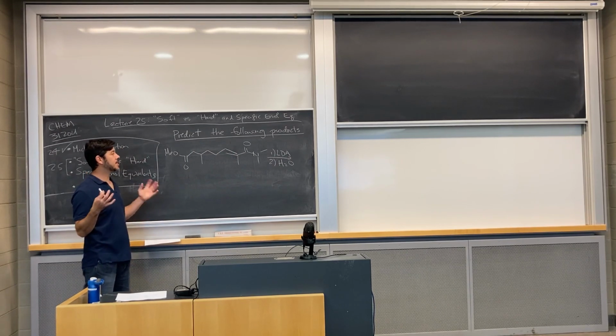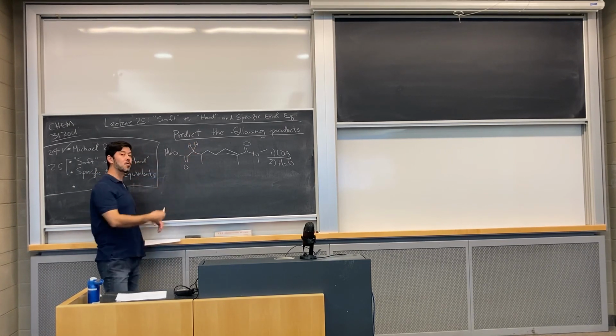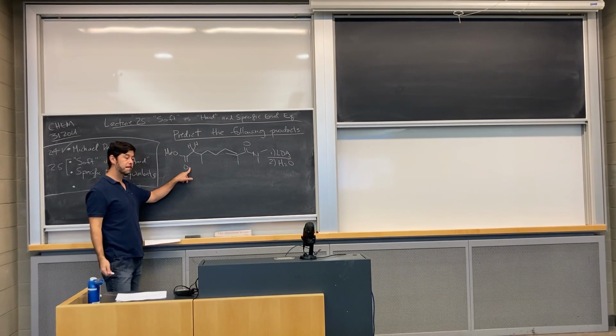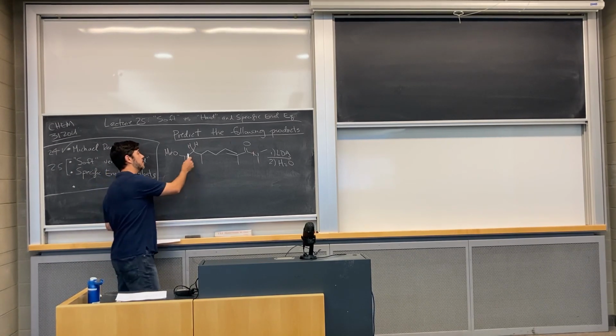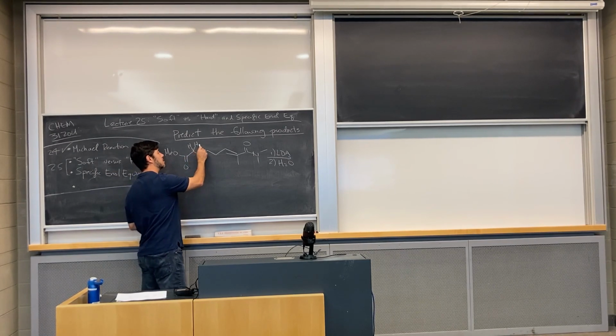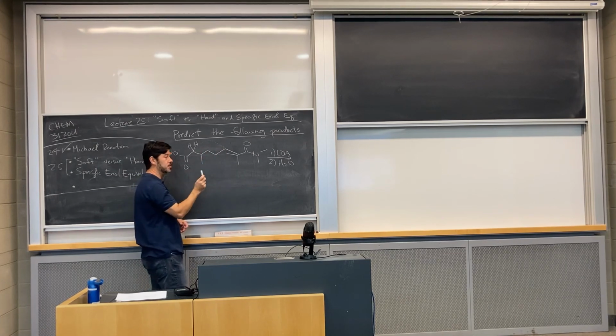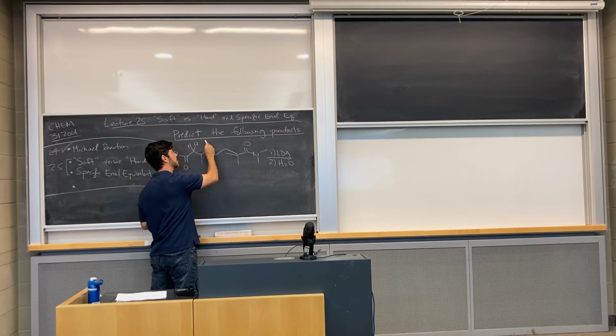LDA, as you know, removes acidic protons. The only acidic protons you have are here, so you can imagine you're going to form an enolate at this position, and then we want to set this up for potentially a Michael reaction. This negative carbanion as an enolate could attack here, or it could also attack this position here, right?